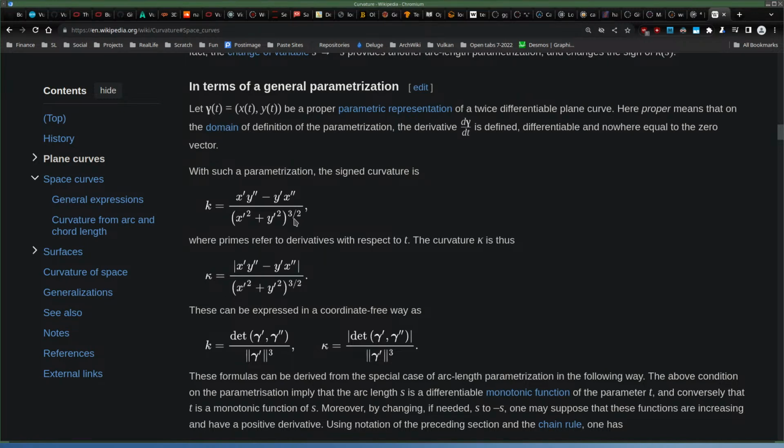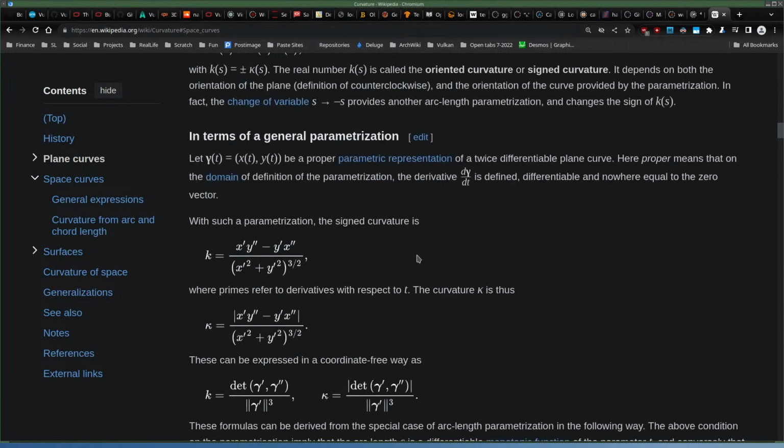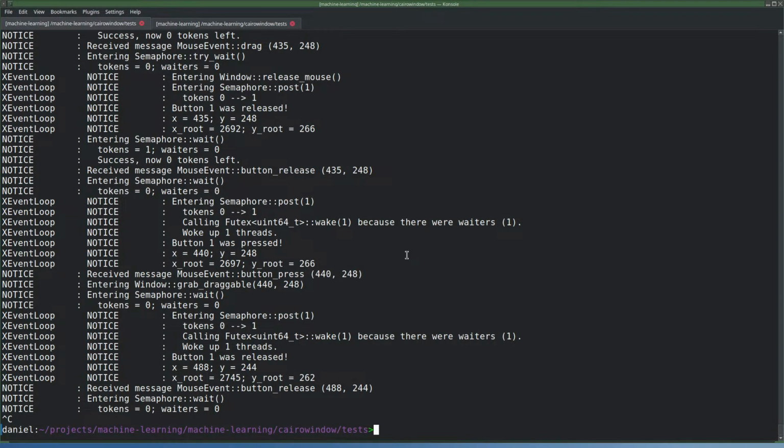Maybe that's the problem then. It seems so. Let's get the length then, so that's just the square root of this, the length of the velocity vector. And then to the power 3.